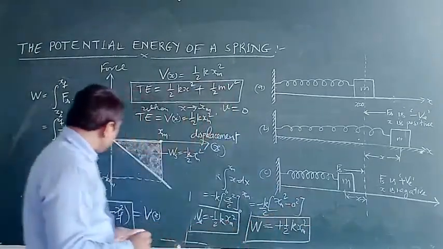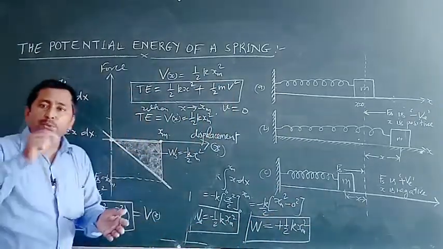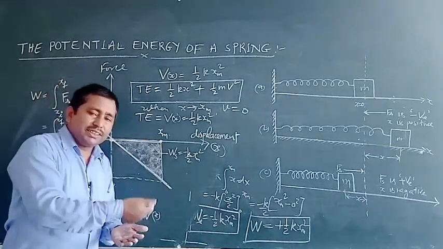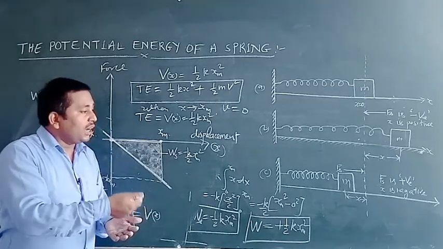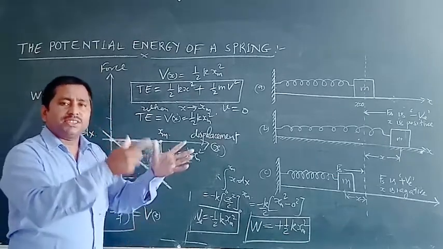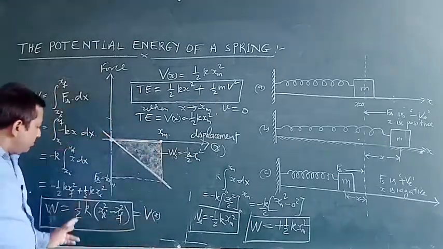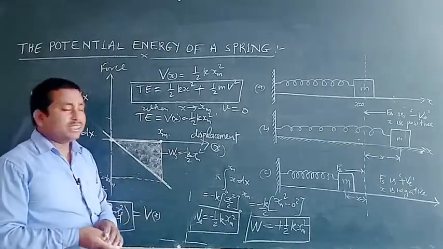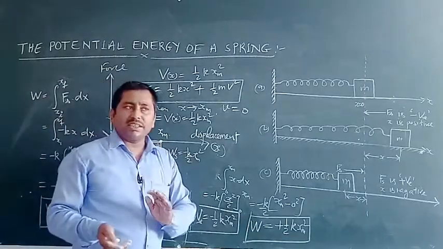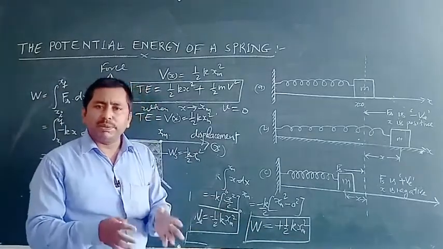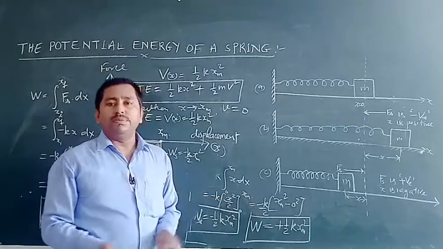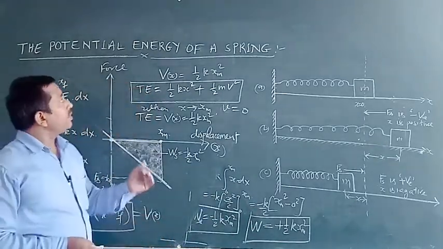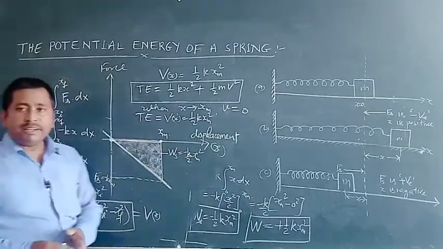The potential energy stored in the spring always depends on the position of the object, where it initially exists and where it finally reaches. So we can say that the total potential energy stored in the object is defined as a function of the displacement or position of the object. Okay, so this is a small discussion about the potential energy of a spring.